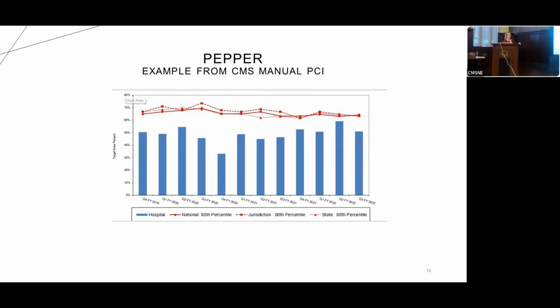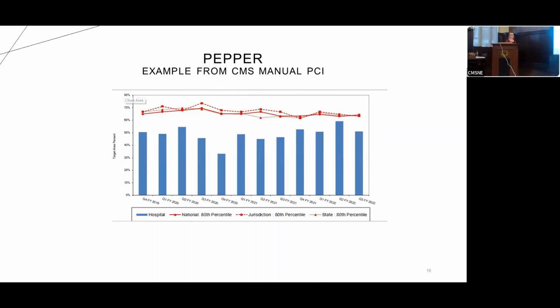The blue bar is the hospital represented in this particular PEPR report, and all the red lines are the state, the jurisdiction, and national. You can see that this hospital is discharging a lot fewer patients who have had a PCI as an inpatient than other hospitals.